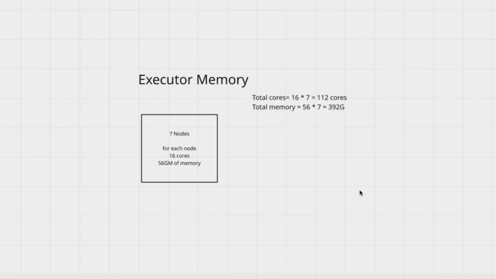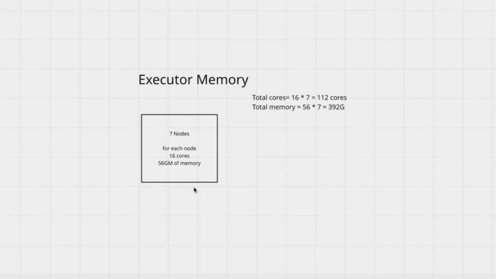Now, for defining the optimum, or a kind of perfect way, of assigning executor memory, there are generally three divisions on which we decide. The first is the fat executor.